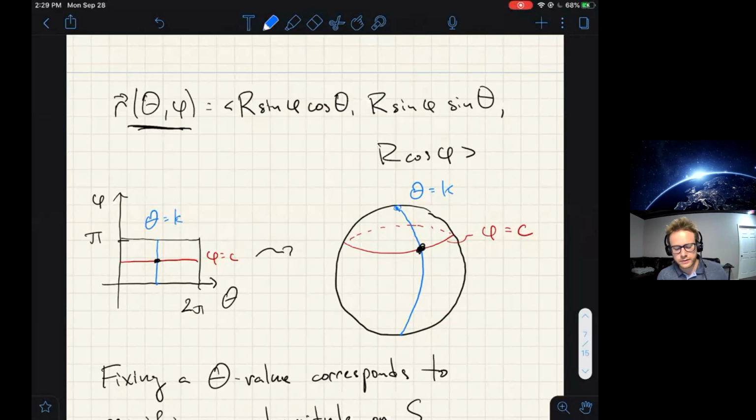But this was the intended final answer. If you restrict down and think about only a very specific theta or only a very specific phi, this will end up corresponding to the longitude or latitude. So if I fixed a theta value where I'm looking left and right, then I'm going to get this very specific longitude.